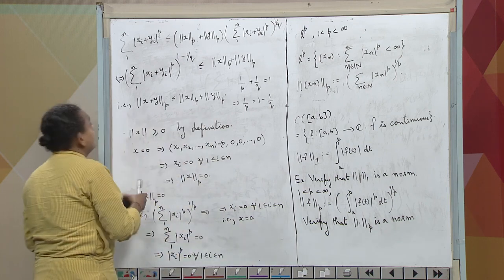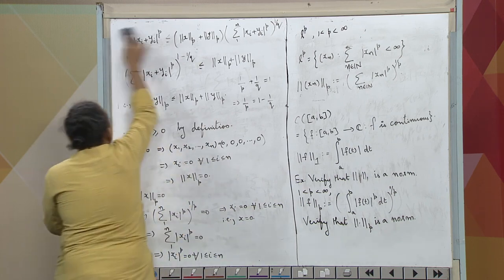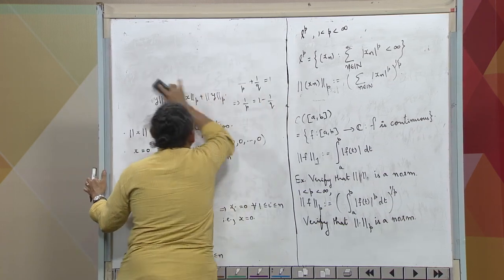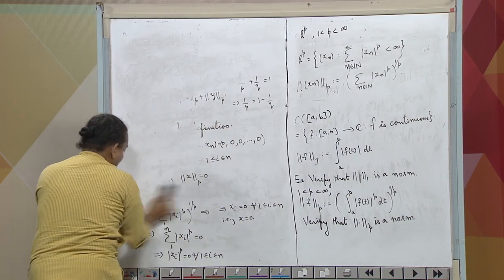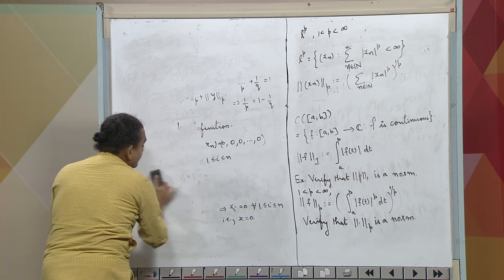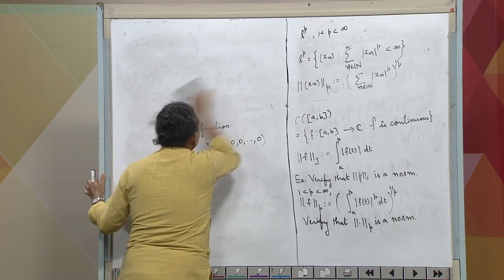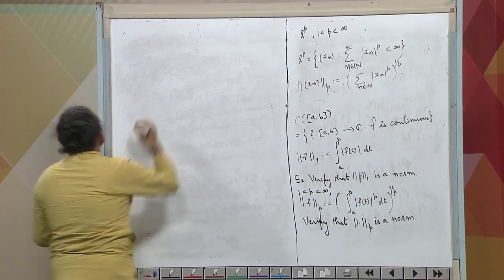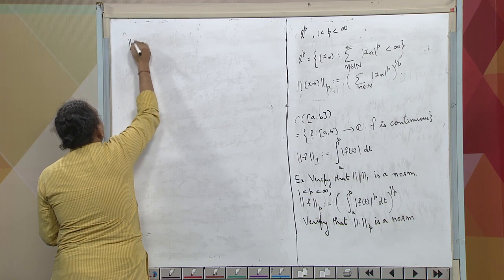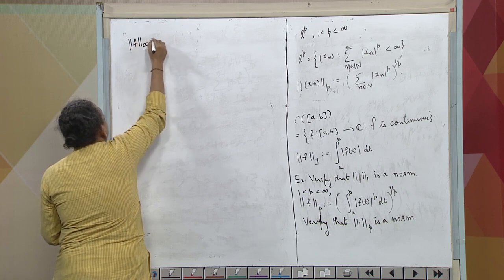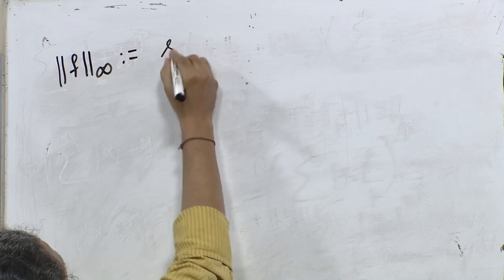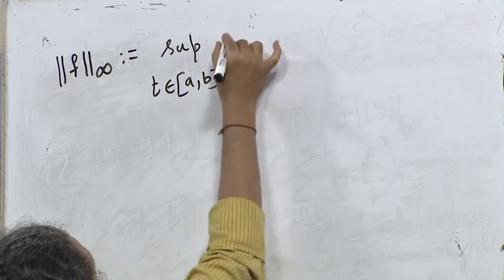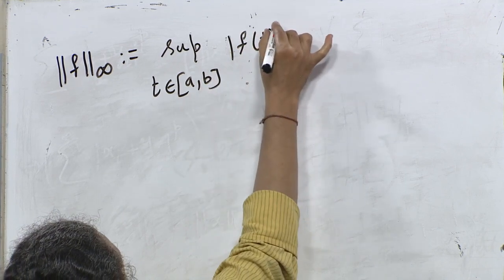Now, it should be easy to guess what the infinity norm, or the supremum norm, is going to be. The supremum norm is defined as the supremum over t in the interval [a,b] of mod f(t).